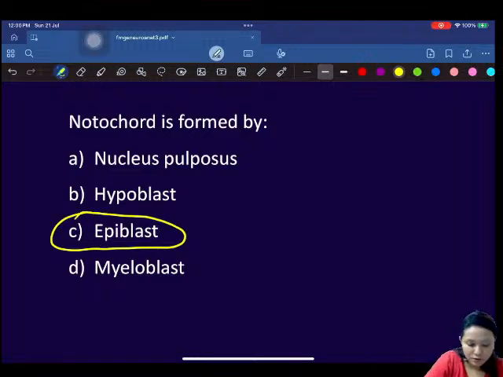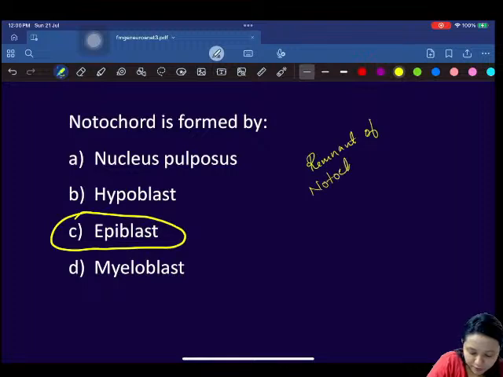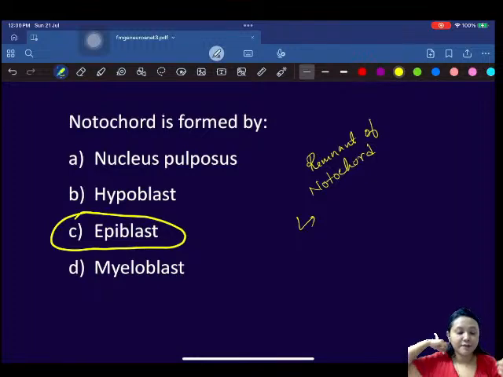Now one more thing I want to tell you, that the remnant of the notochord is the nucleus pulposus. You know that there is an intervertebral disc, and in the center of the intervertebral disc you have the remnant of the notochord that is known as the nucleus pulposus.